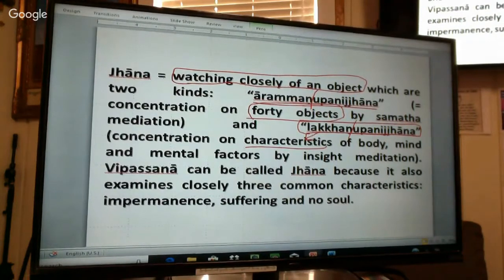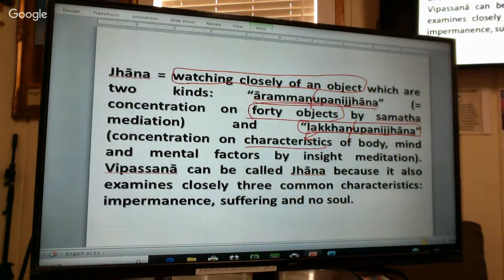Characteristic means the feature of something. If you look at somebody, you know that body has a different feature from the others. So when you see that person later, you can easily recognize them because of the different features from the others.